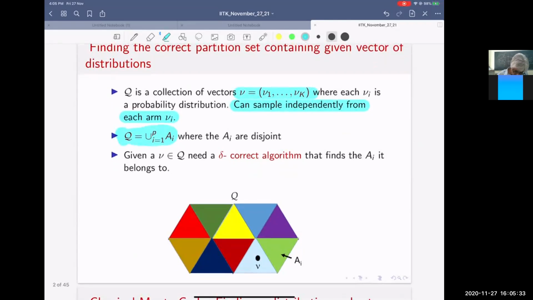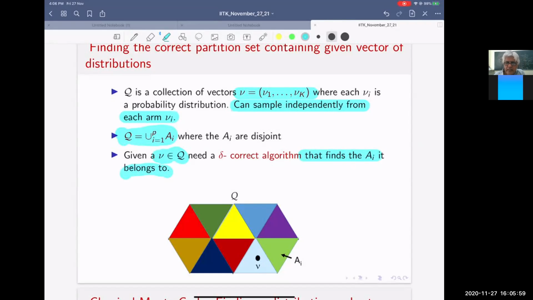So given nu in Q, we know that nu comes from this family Q. We need to come up with a delta-correct algorithm that finds the Ai that nu belongs to. This vector of distributions belongs to one of these Ai's, and we need to sample from these arms and come up with a deduction that it belongs to a particular Ai.